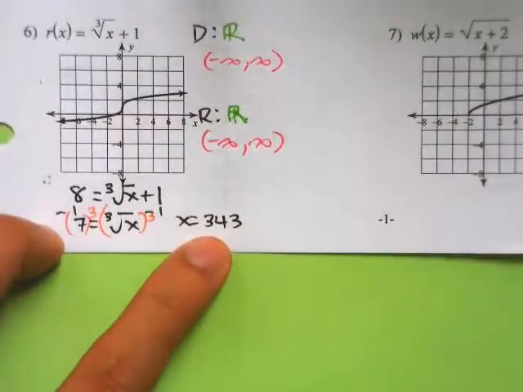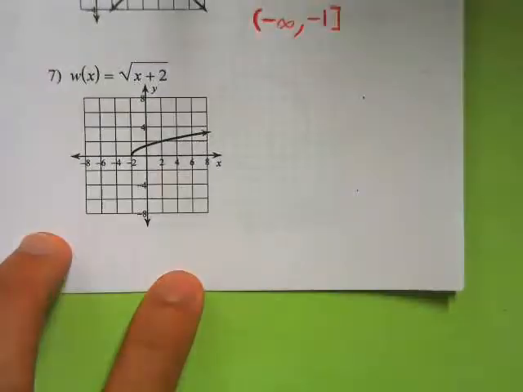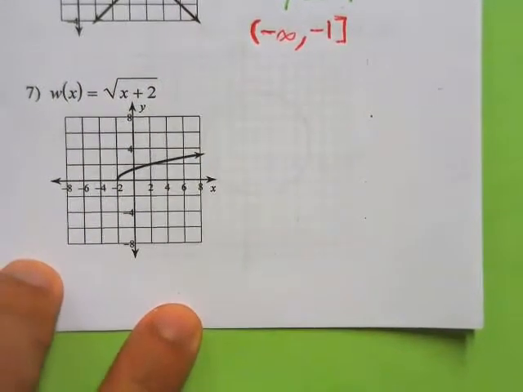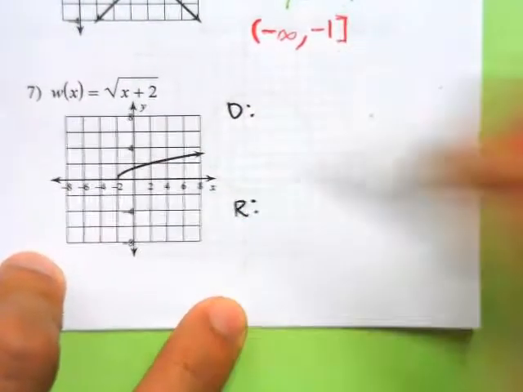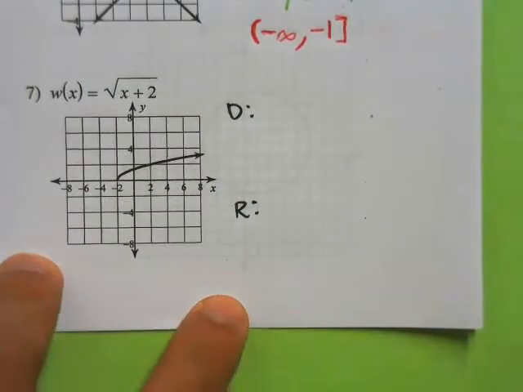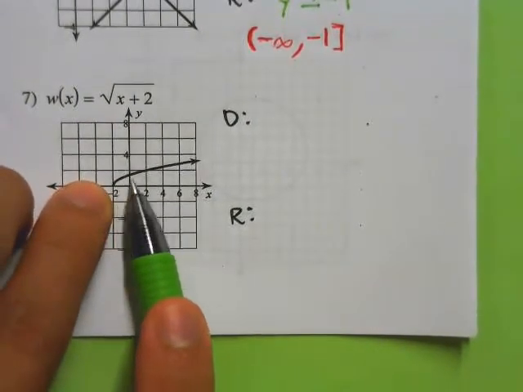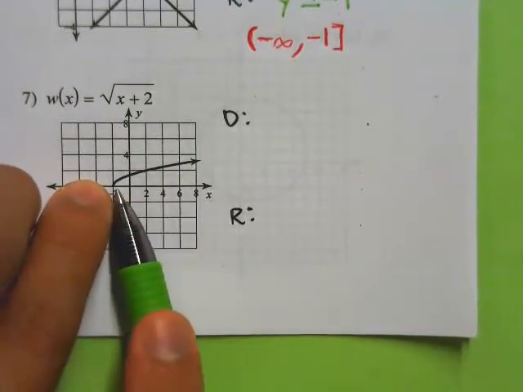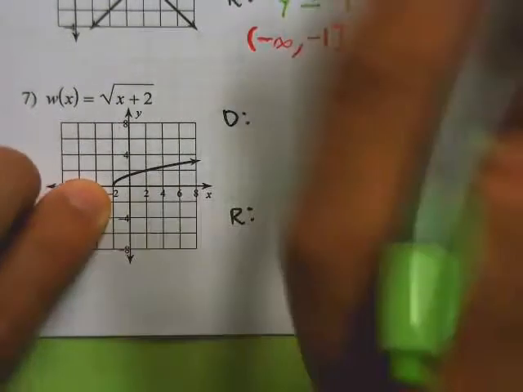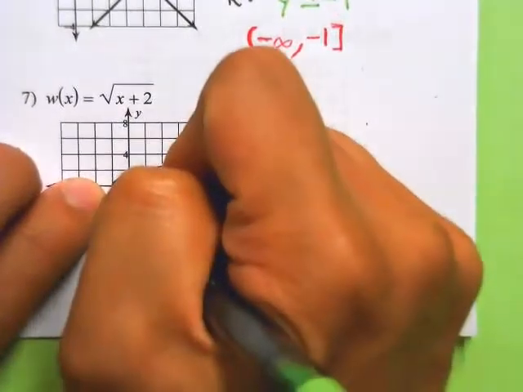Okay, well, this is your cube roots. Square roots are going to be just a little bit different because they only go one way. Let's jot down those. Domain, acceptable x values. Take a look. It starts at -2 and then it goes to the right side. And this is your least x value.